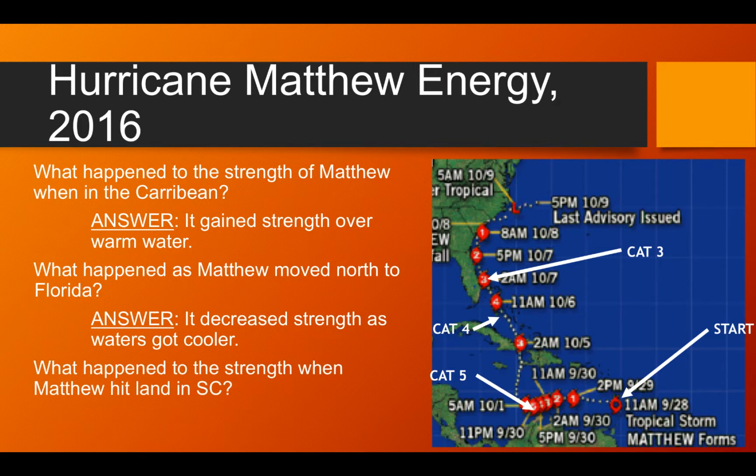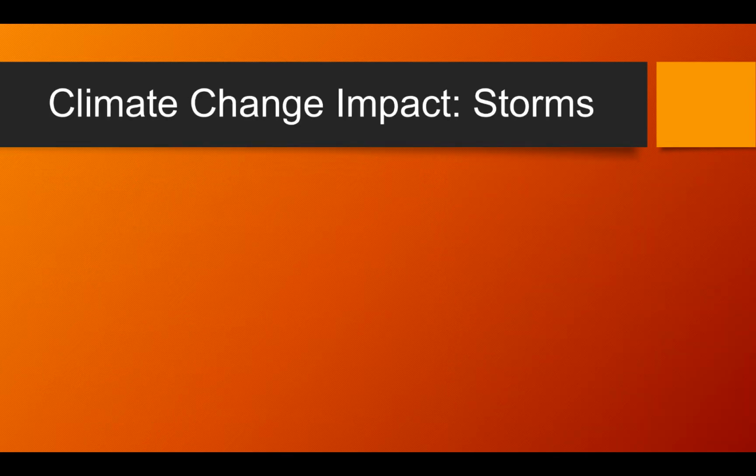And then what happened to the strength when it hit land in South Carolina? Well, you can see at 8 a.m. on October 8th, it became a Category 1 storm over land in South Carolina. We knew that it lost strength down to a Category 1, and that was because it picked up even cooler air temperatures from being over land, and it was meeting resistance of the wind blowing across trees and obstructions that are on the land. And lastly, it moved out to sea.